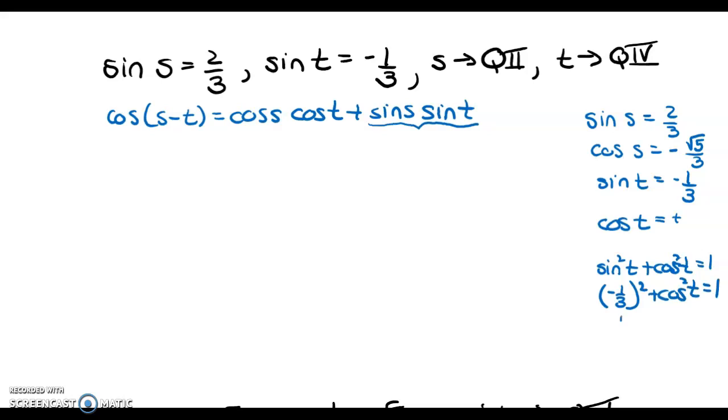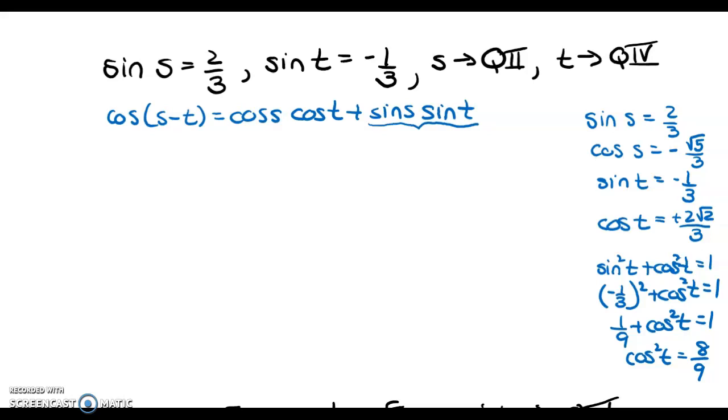So when I square -1/3, I get 1/9 plus the cosine squared of t equals 1. Cosine squared of t is going to be 8/9. And I need to reduce this. All right, so when I take the square root, I'm going to get 2 radical 2/3.